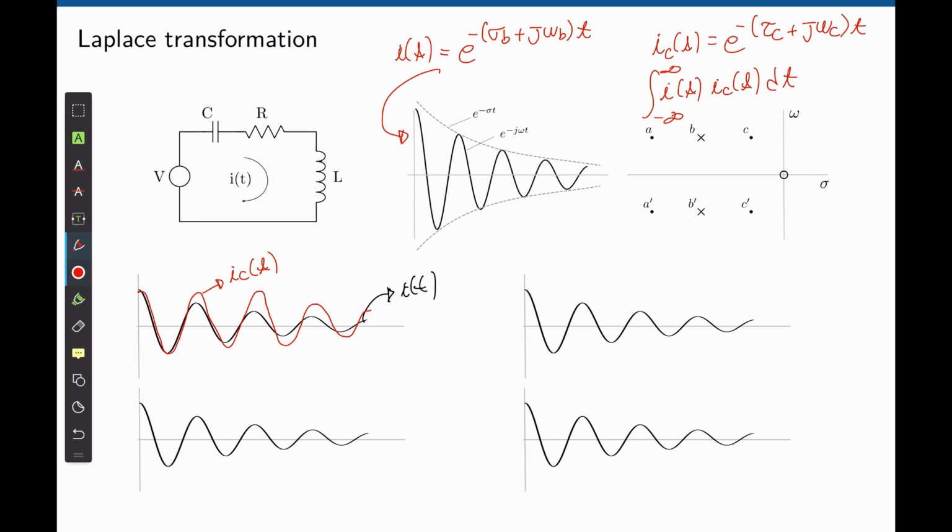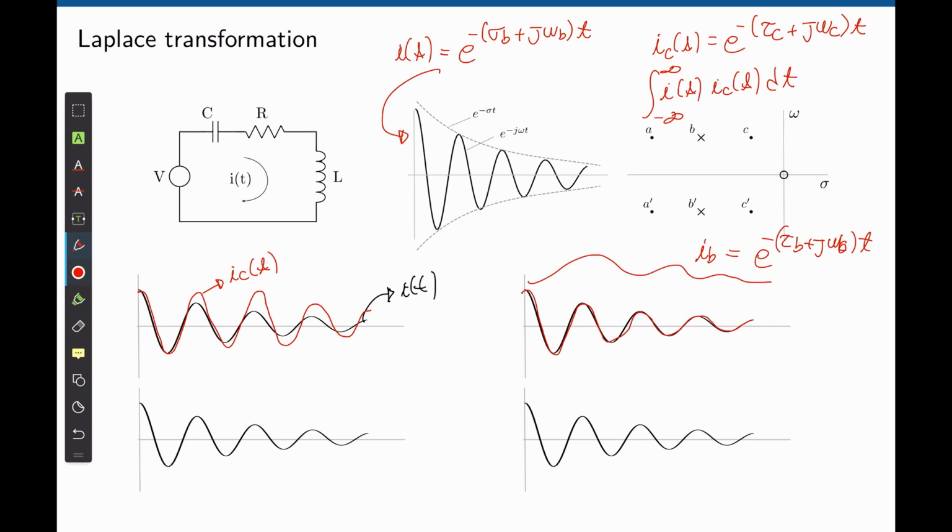Now let's look at point B. If you take point B to recreate a new signal I_B, this signal will be the exponential of negative sigma_B plus j omega_B of t. And we know that this is exactly what we need to create I. So if you now plot the signal I_B, this matches the signal we have exactly.